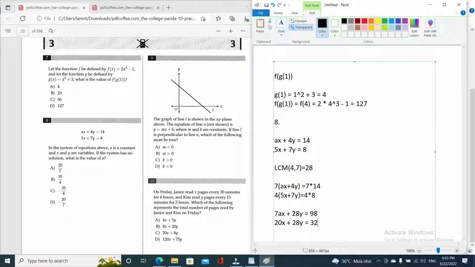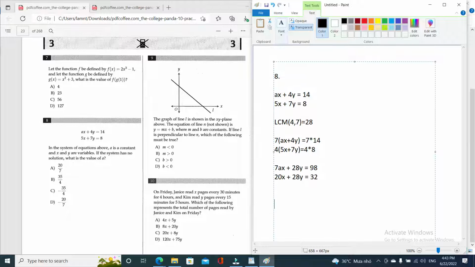Okay, so we want this system to have no solution. Now let's subtract: I want to take the upper equation and subtract the lower one. So we have that (7a minus 20)x is equal to 66.